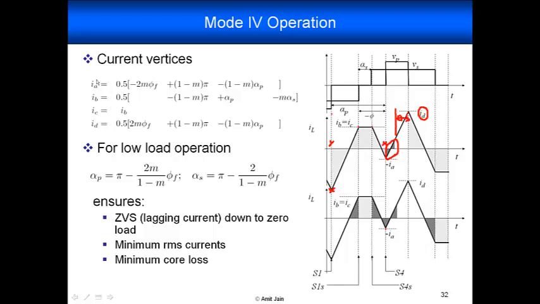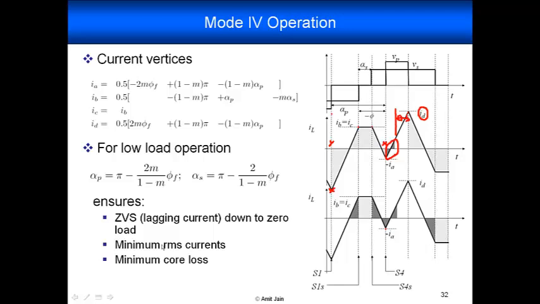So if we just equate IB, IC and IA to 0, we come up with these expressions for alpha P and alpha S, the freewheeling intervals for the primary and the secondary side bridges. And this choice now gives us zero voltage switching down to 0 load.